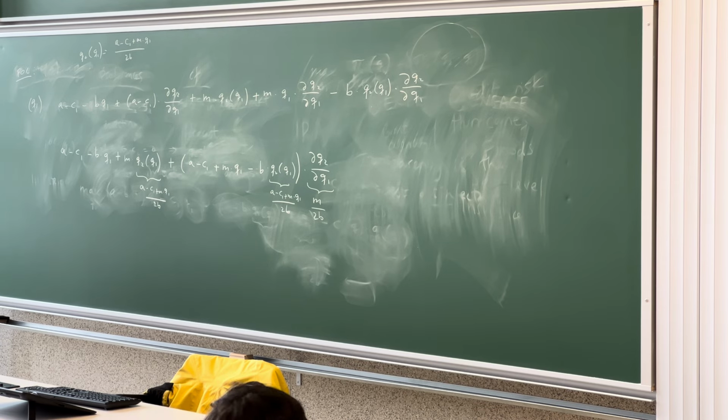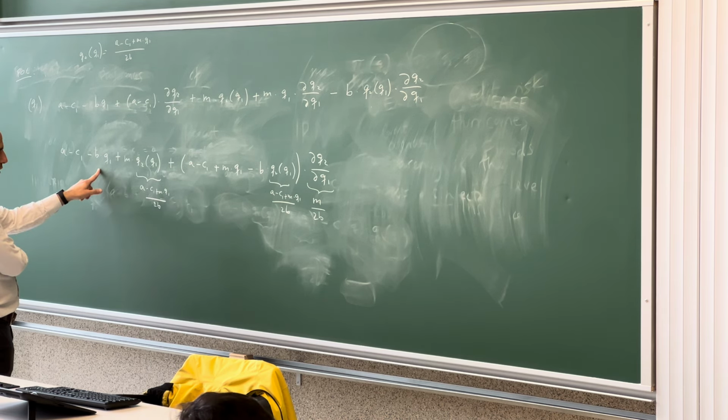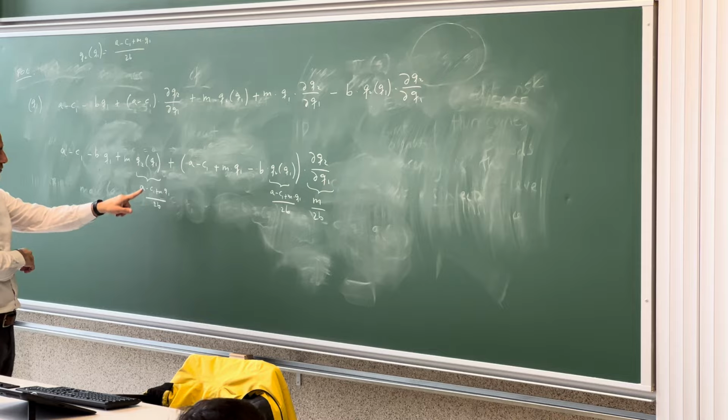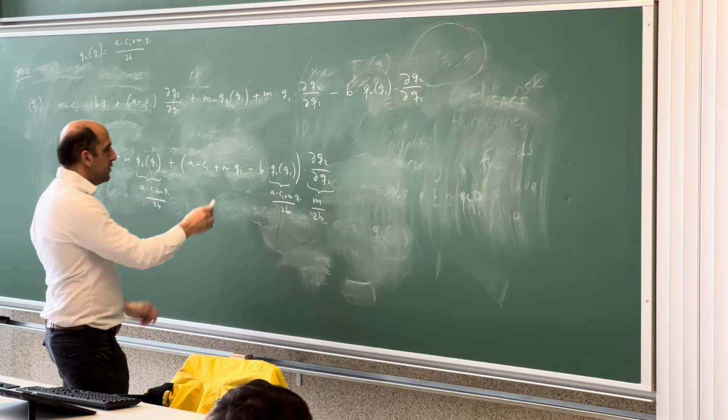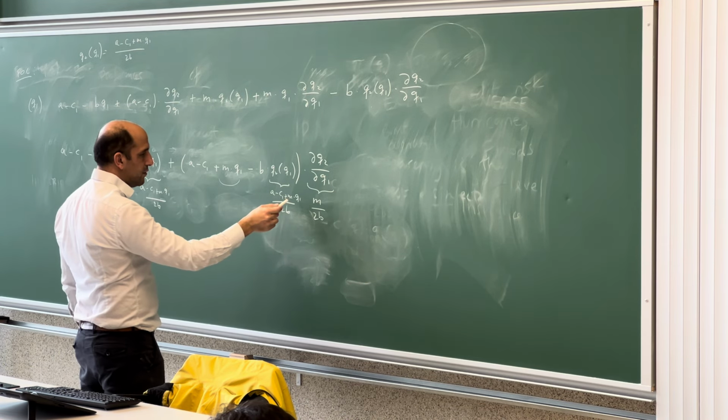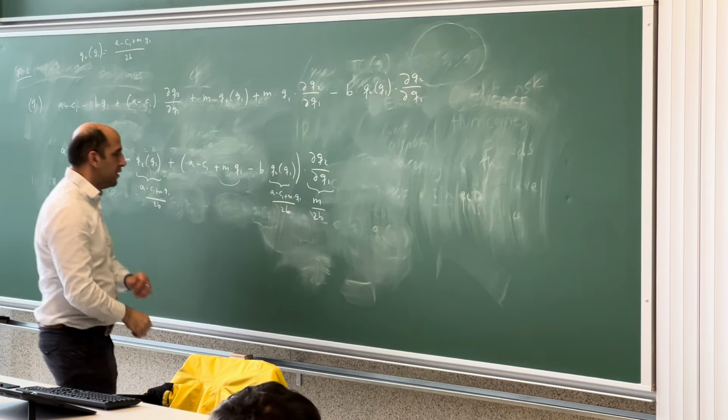Okay. Now I have to take everything that has q1 and separate it and solve for q1. So what has q1 here? This has q1, and then there's q1 here. And then inside of parentheses, well, yeah. And then here, this has q1.